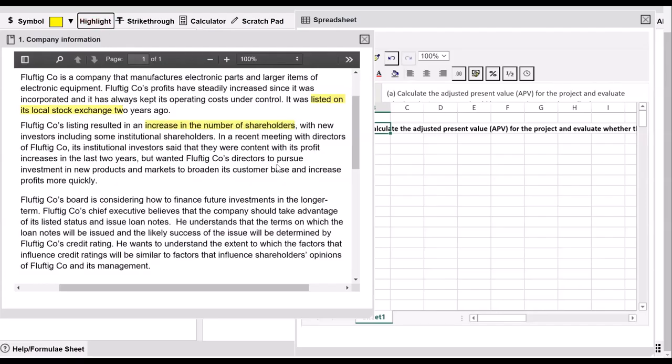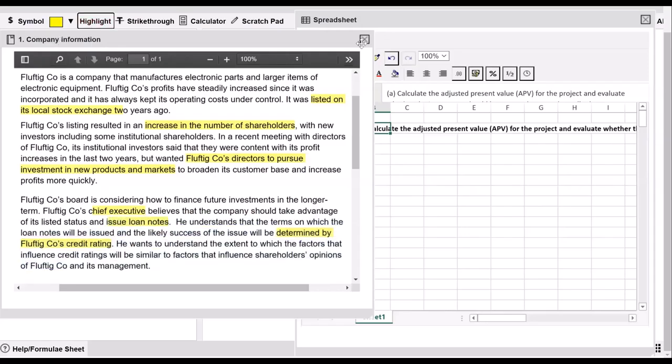Further, the question also specifies that the institutional investors want the directors to invest in new projects and new markets. For this, the CEO, the chief executive, believes that the company should make use of its existing credit rating and issue loan notes.